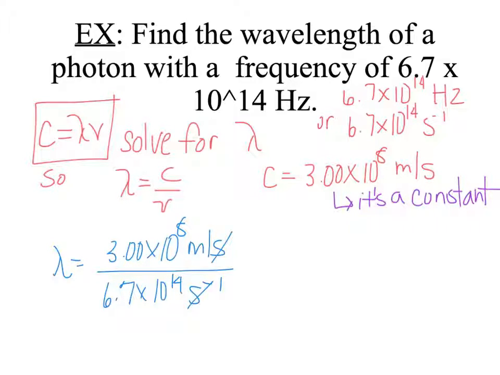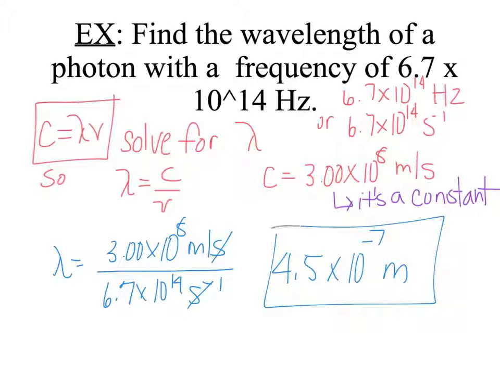So pause the video, put this in your calculator, and see if you come up with the right answer. The right answer, if you did it correctly, should be 4.5 times 10 to the negative 7 meters. And let's double check. We need 2 significant figures because we have 2 here. So we need 2 sig figs, and so we make sure we put our answer in 2 sig figs.